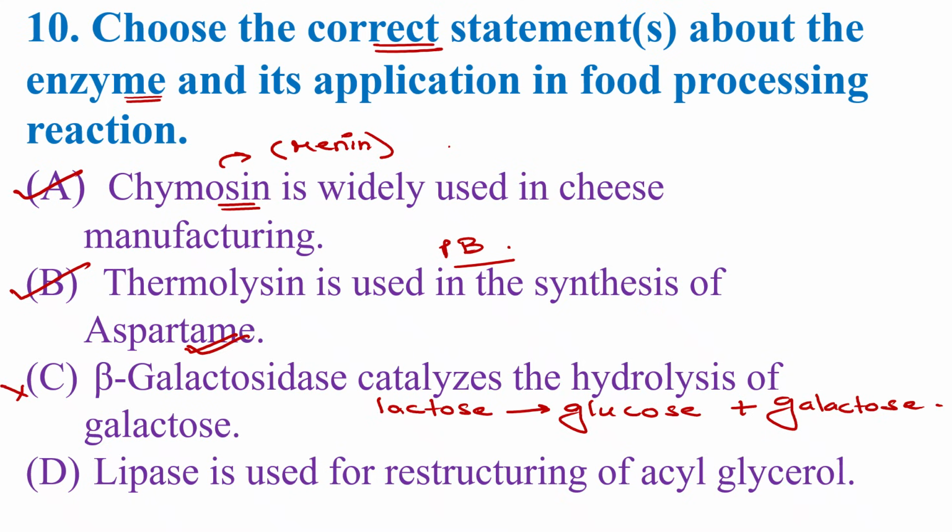Next, lipase is used for restructuring of acylglycerol. So this is also true since lipase, it is used in esterification of fats and oils. So it changes the structure of the triglycerides. So over here correct option is A, B and D.